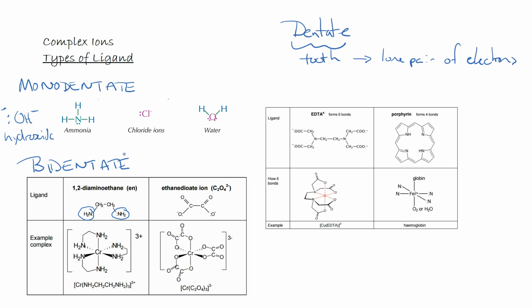Now, the next one here is ethane dioate. The C double bond O doesn't tend to bond to the metal ion, but here the lone pair of electrons with a negative charge do form a dative covalent bond with the metal ion, and we will form structures such as this chromium complex and this chromium complex here.